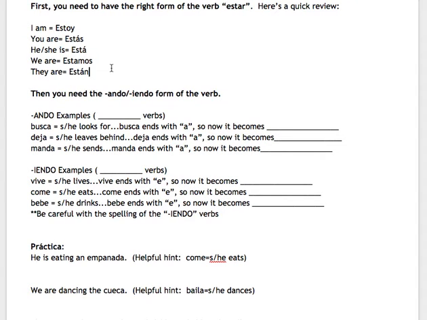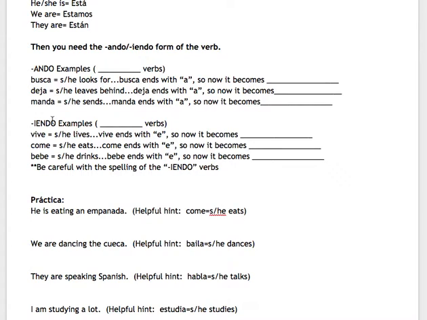After you have the correct form of estar, you need to form your second verb, that is the ing. In Spanish, we have verbs that end in AR, and then we also have verbs that end in ER and IR. So, when you have an AR verb, it's going to end in ando. So, for example, the word busca, which is he or she looks for, ends in A, so it now becomes buscando.